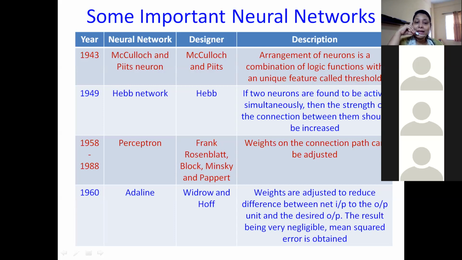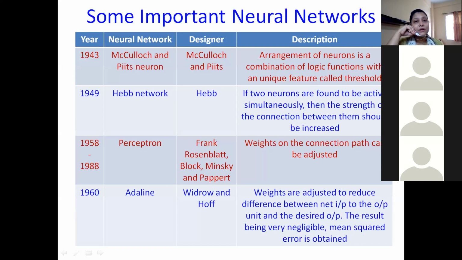Now coming to the Adaline, the last neural network which we are going to finish in today's class, designed by Widrow and Hoff. Whenever you go through this Adaline neural network, you can see that one particular learning rule is followed, which is called the delta rule.